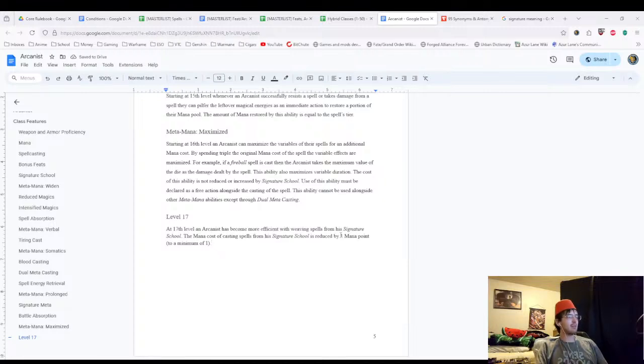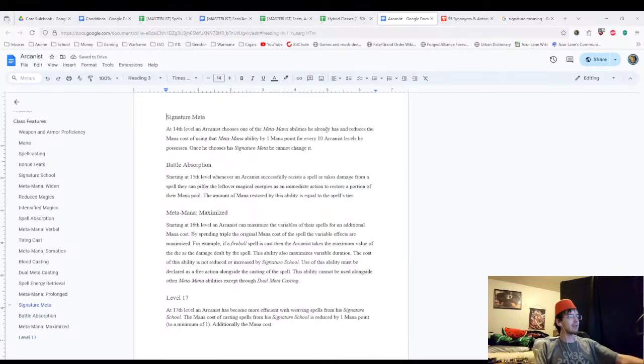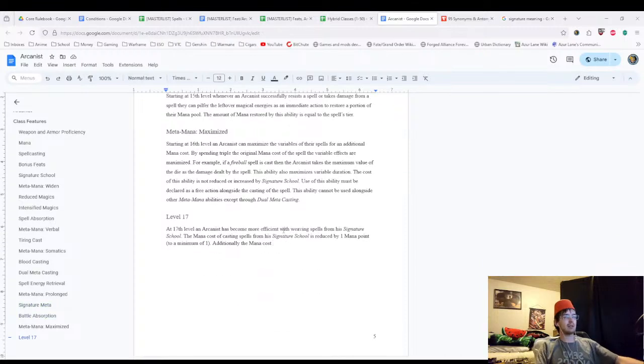See, we gave them signature meta. We gave them signature. Wait a minute. Let's see, signature meta. What does it say? Reduce the mana cost by 1. And let's just give him another little reduction here.